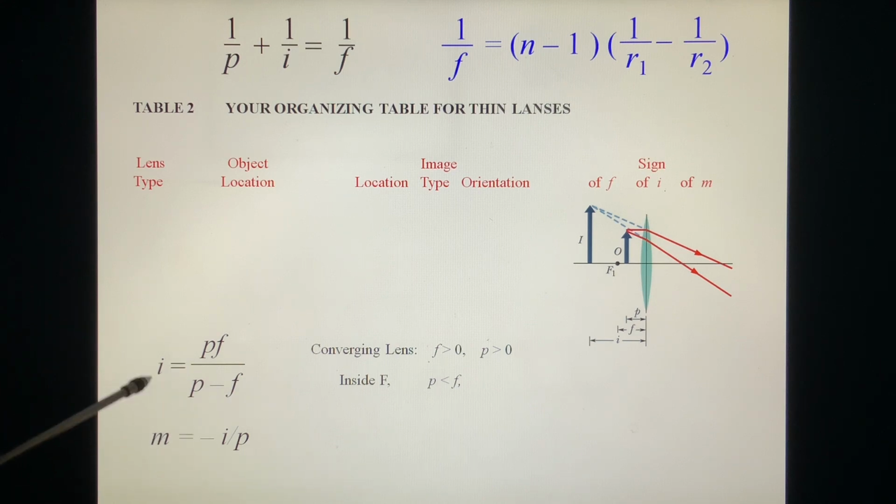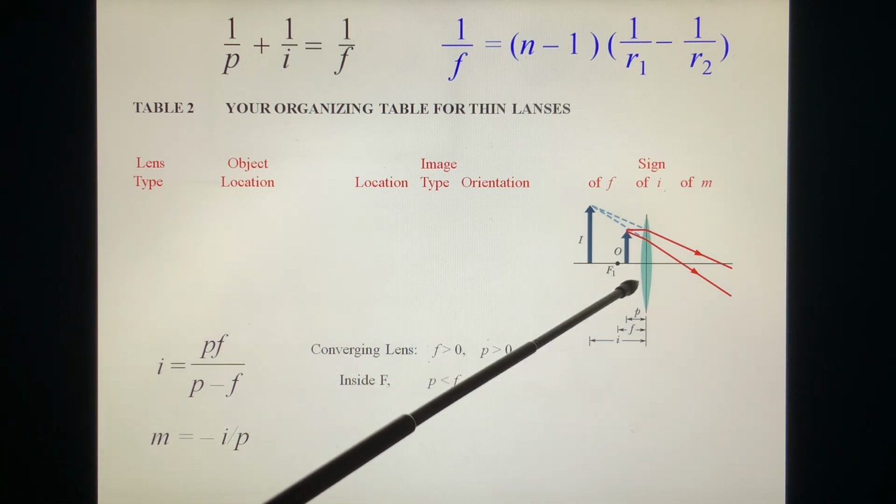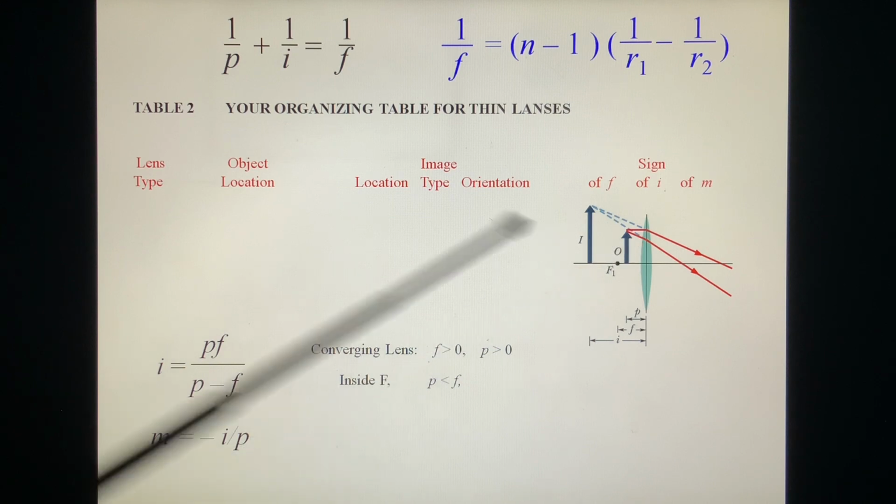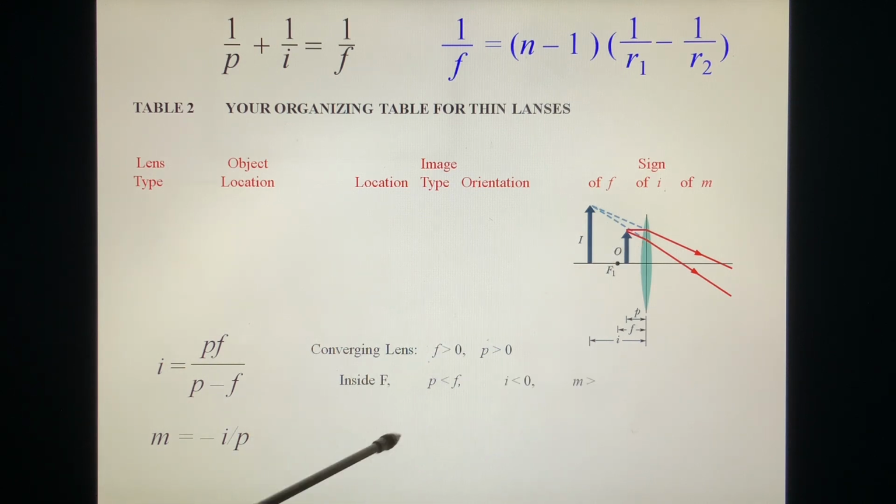Now, we put the object here. P is smaller than F. Then we find I is smaller than 0, and M is larger than 0. M is positive. What does this mean? This means we have an image on the virtual side.